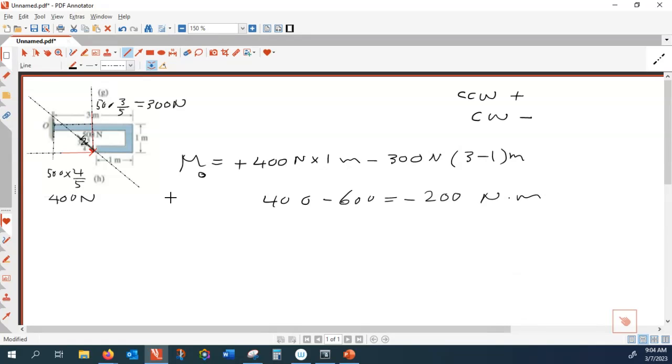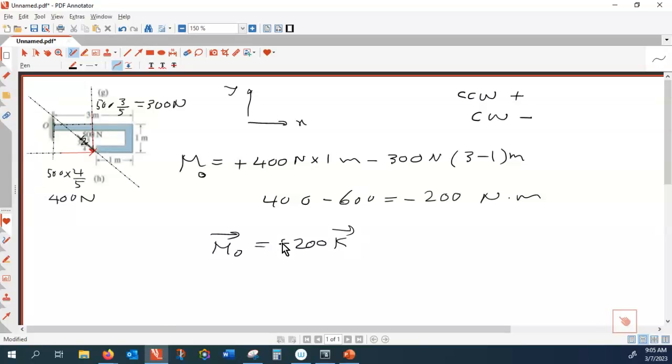All right, if I want to express it as a vector, how do I express it? M_O as a vector is minus 200, and what is the unit vector? If this is x, and this is y, that's positive k. Can you use your right hand rule?